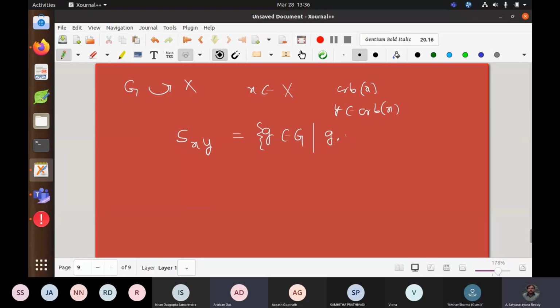Yeah, Anirban told this in the last class also. Remember this? Anirban defined this actually last class. So G dot X equals Y. So what is Sxx? Stabilizer. Stabilizer of X. Yeah, it is Stab of X, right?